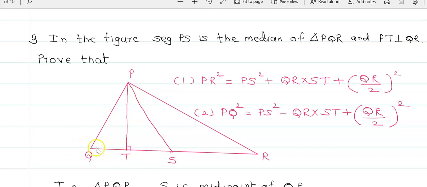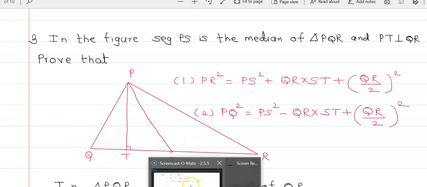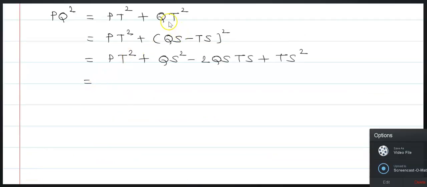But what is this QT? QT is in the form of QS. That is QS minus TS, bracket square. Therefore, see this here. QT is QS minus TS. Expand this. QS square minus 2 times QS into TS plus TS square.